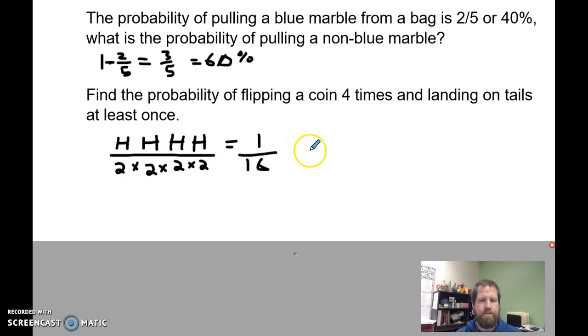So if my complement is 1 out of 16, then the probability of flipping a coin 4 times and having it land on tails at least once is going to be 15 out of 16, or 1 minus 1/16.